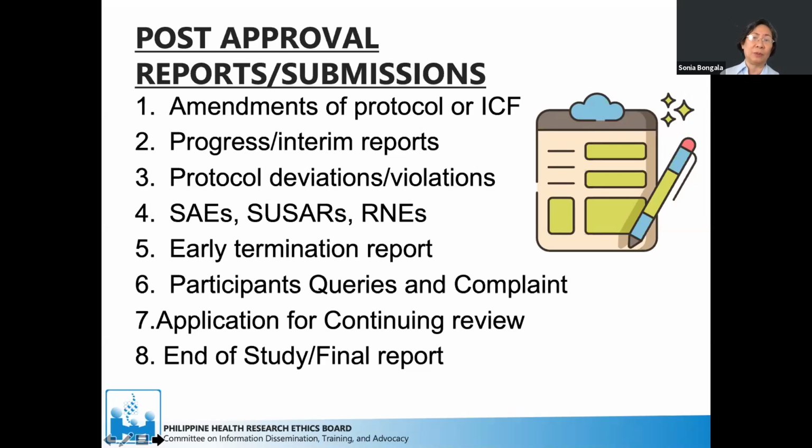So before 1 year is over, there should have been an application for continuing review, meaning the Research Ethics Committee will get all the documents related to the protocol or to the study, all the previously mentioned documents from 1 to 6 will now be evaluated by the Research Ethics Committee, and the Research Ethics Committee will decide whether the study can still continue after the 1 year validity.